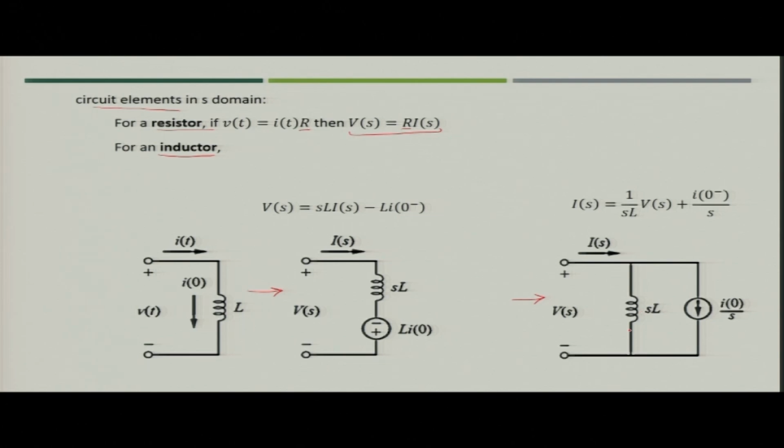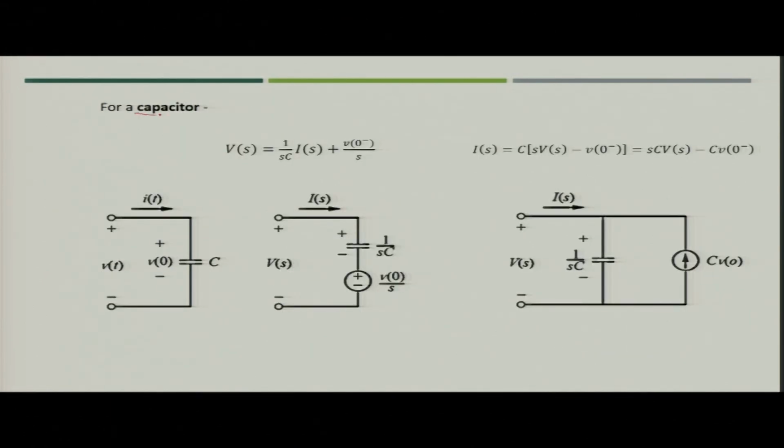This is what we discussed in the previous class, that the direction of the current source, the fictitious current source which we added because of the initial condition of current I naught flowing through the inductor, conforms to the plus sign here. Similarly, for the voltage case the initial condition will be minus L I naught, which is why it has the opposite sign. So, this we discussed in the previous class.